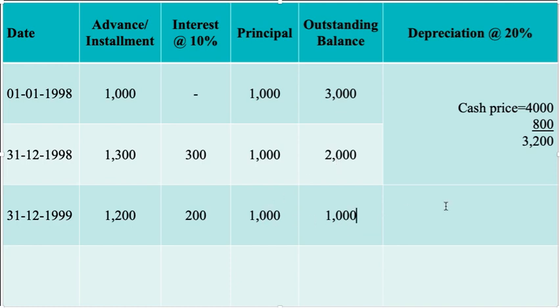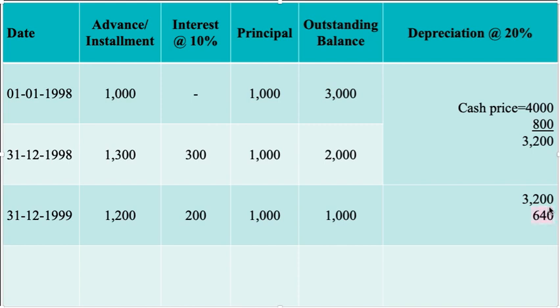Now we are going to calculate the depreciation amount for this year. Now we have this balance here. This is the value of the asset, right? Value of the asset is 3,200. On this 3,200, we are going to depreciate at what rate? 20%. So 20% on 3,200 is 640.